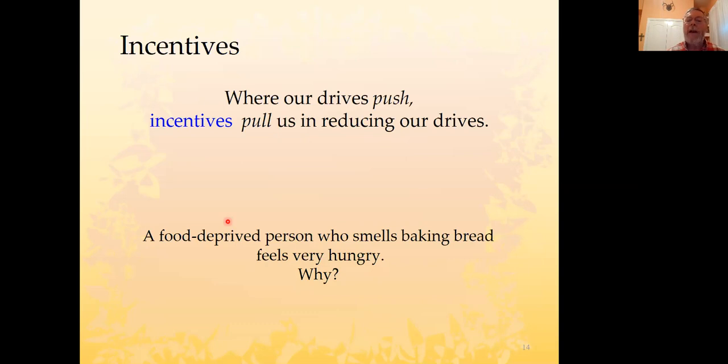So they pull us rather than push. And here's an example of an incentive. The person who is food deprived, who is extremely hungry, smells bread baking. So that scent of baking bread becomes an incentive that pulls them towards wherever that smell is coming from to satisfy that hunger drive.